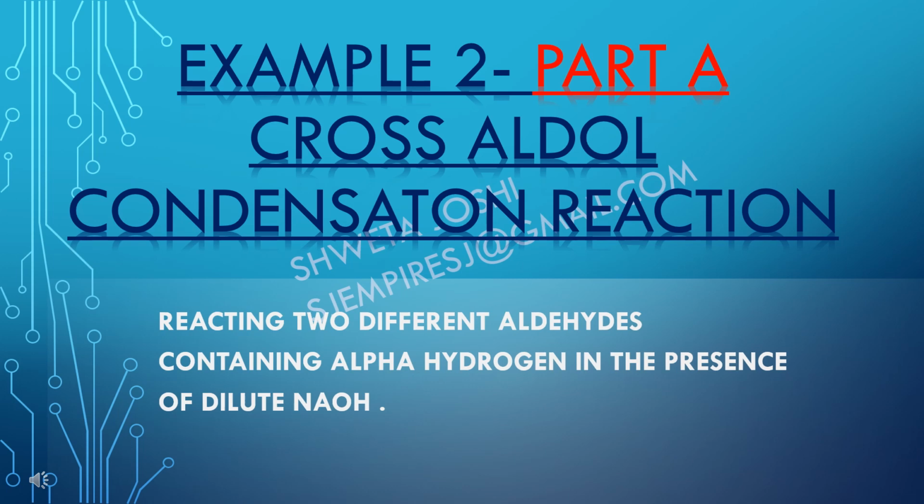In the first part, we are going to take propenyl and ethanol and will migrate alpha hydrogen atom of ethanol molecule to the oxygen atom of propenyl. After migration of alpha hydrogen, condensation product will be formed, which will easily lose water molecule when it is heated, forming alpha beta unsaturated condensation product.